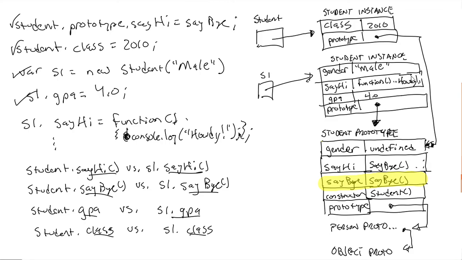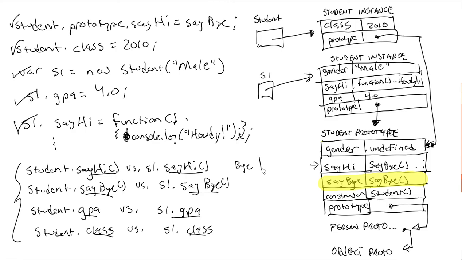All right. So now we're ready to answer the questions at the bottom here, these 4 lines of code. What happens when you say student.sayHi? Well, it's going to invoke this sayHi method, which is going to say bye.